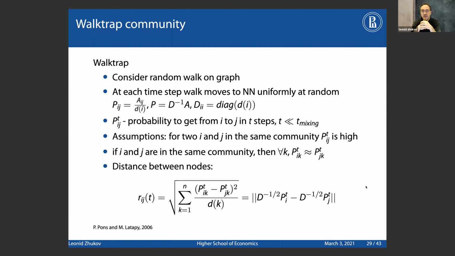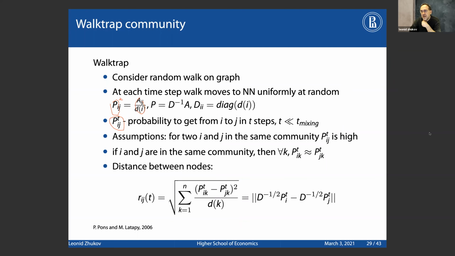Pij is going to be a matrix, the probability to get from node i to node j. If they're adjacent, you normalize it by the node degree. And so that's sort of the same thing as what we did with PageRank, right? Because that was the random walk. And if you do t steps, this can be described as this matrix to the power t, all right?